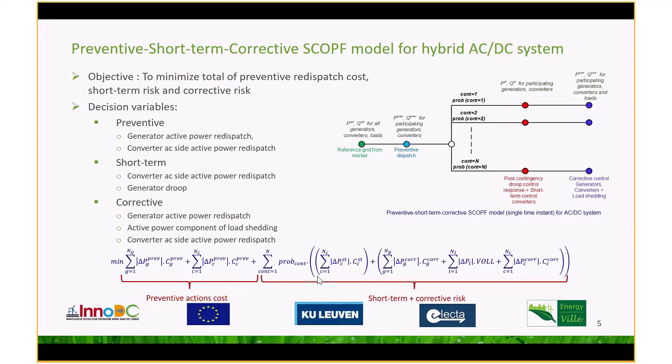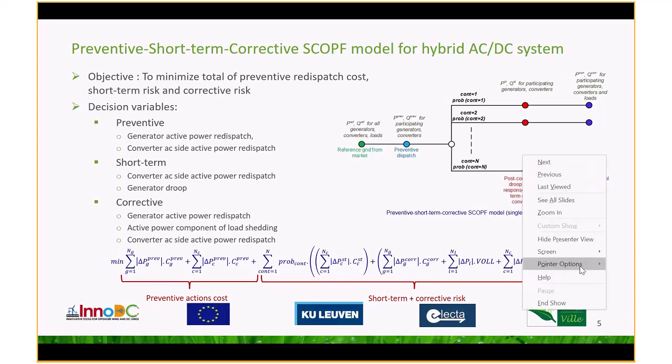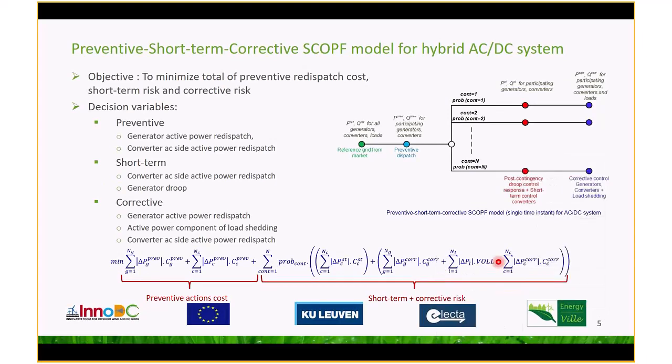In this slide, we can visualize the optimization model of the preventive short-term corrective problem. It includes 4 different stages: the reference stage, preventive dispatch stage, and after the contingency, short-term stage and corrective stage.